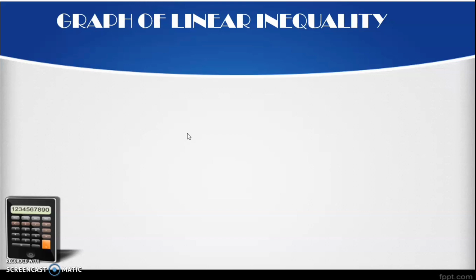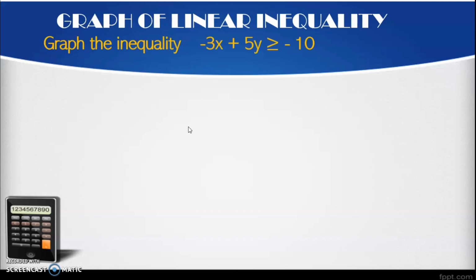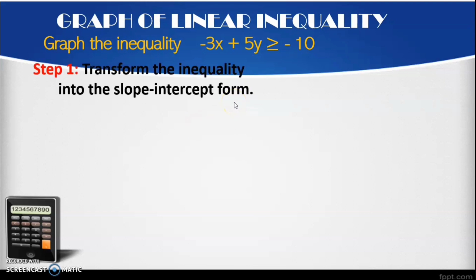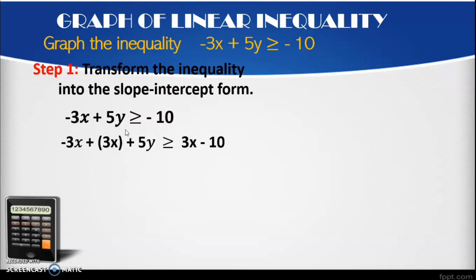Okay, then, we will have our second example. Graph the inequality negative 3x plus 5y greater than or equal to negative 10. So, pareho, step 1, transform inequality into the slope-intercept form kasi naka-standard form pa rin ang ating inequality. So, negative 3x plus 5y greater than or equal to negative 10. First thing we need to do is we will add positive 3x both sides.